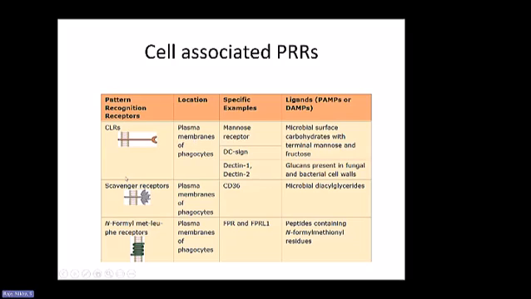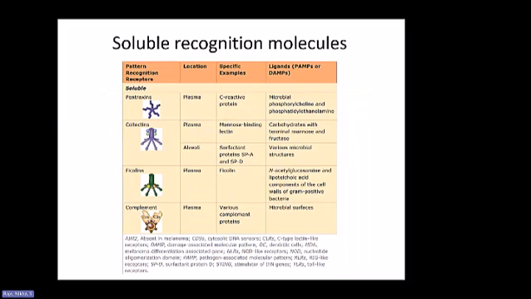Then there are some other PRRs, such as CLRs, scavenger receptors, N-formyl met-leu-phe receptors, and so various types of receptors that we'll be talking about. And then other than PRRs, there are these soluble recognition molecules that might be able to look at PAMPs and DAMPs and produce an immune response in the extracellular fluids.